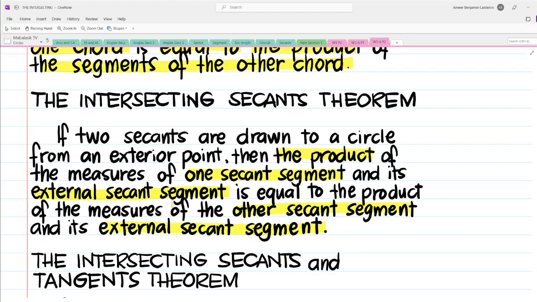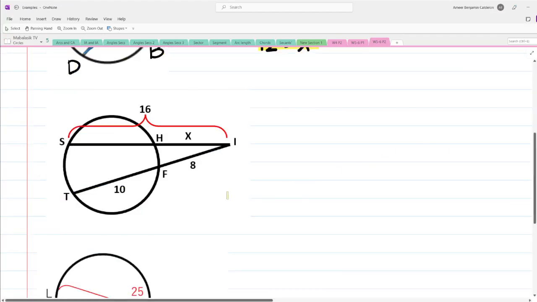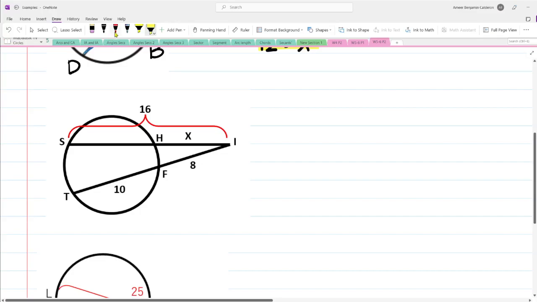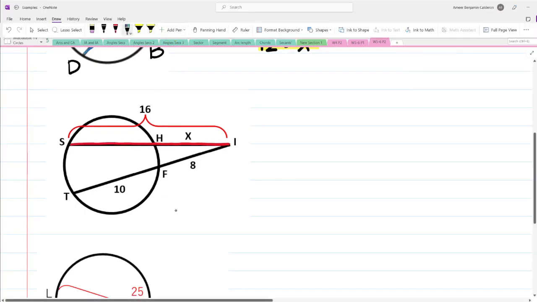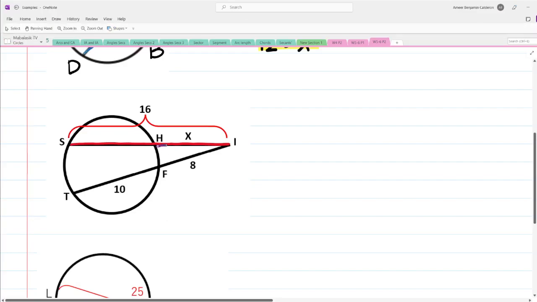We have here a certain figure that we are unfamiliar with, which is the external secant segment. If we refer to our figure right here, segment SI is our secant segment. But since segment SI is drawn to a circle from an exterior point, some part of our secant segment is outside the circle. Say for instance, segment HI here.